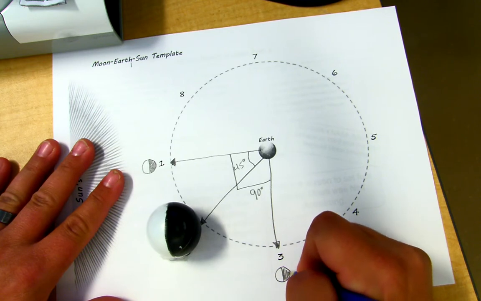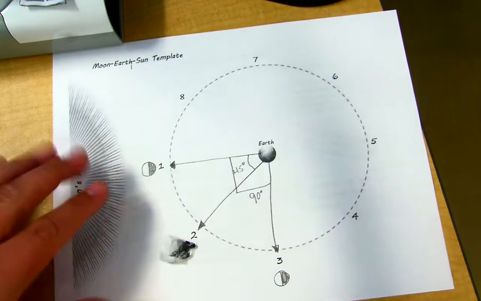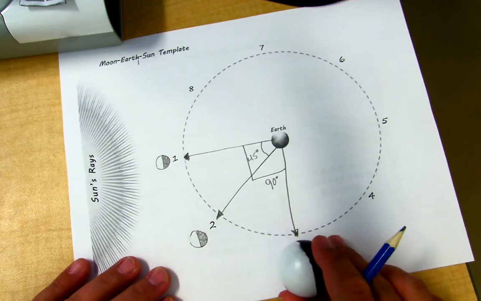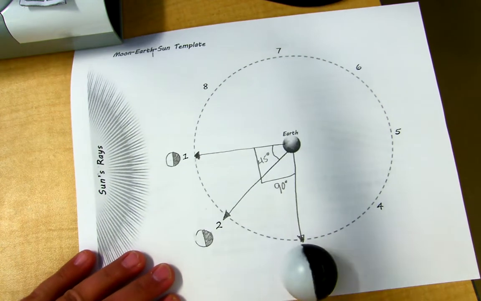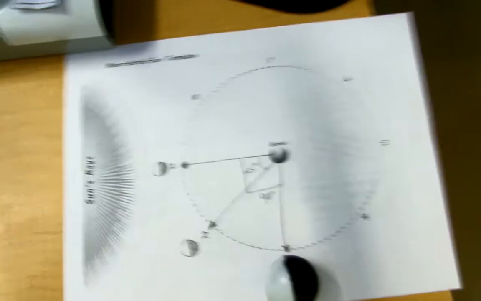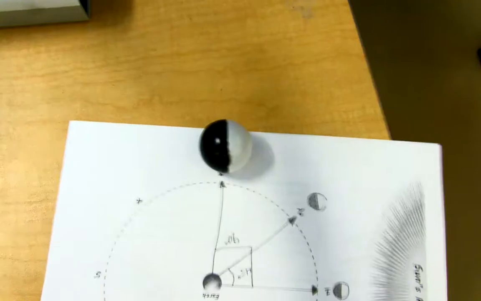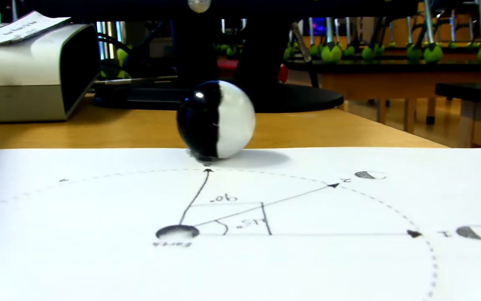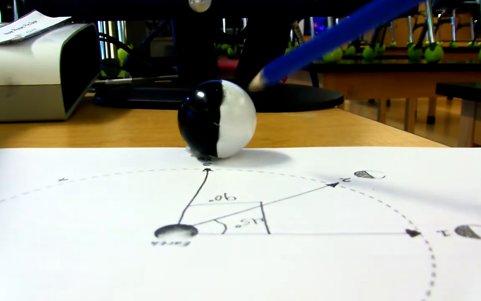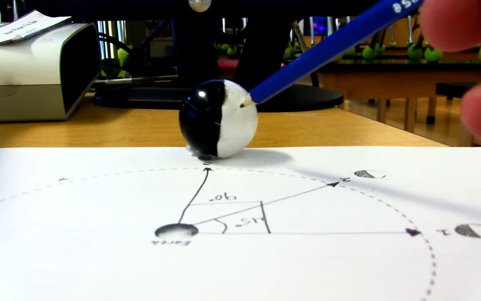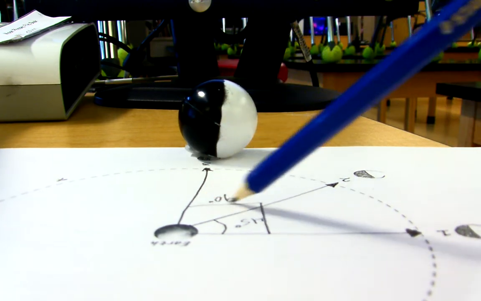Again, front side of the moon is lit, back side of the moon is dark. So I take this baby, I move it on over, stick my tape on there, pop it down right there. Front side is lit by the sun, back side is dark. And then I say, if I was to land on Earth, on a space shuttle, that's what I would see right there. Right side light, now used to be a crescent moon.